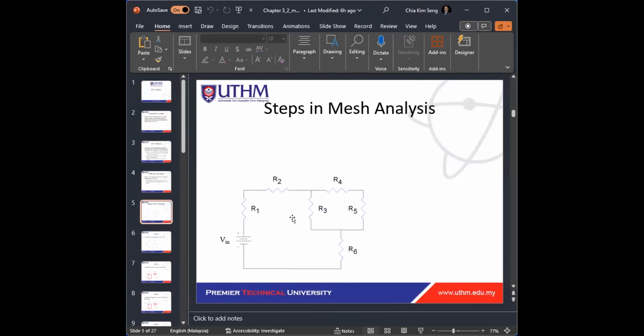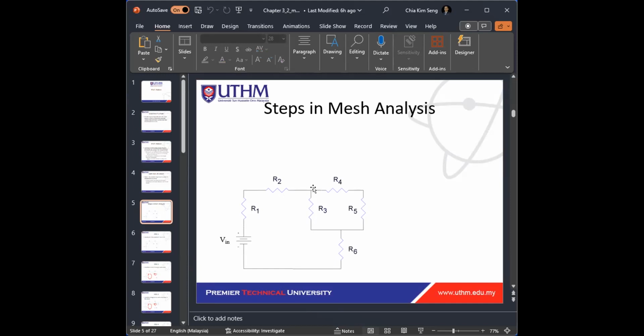Anyway, let us see how we're going to do it. This is a question that is similar to what we did in the node analysis, exactly the same thing. In the node analysis we have 1, 2, 3, 4, 5 nodes. So this means we have 5 unknown voltages, and we need to come up with 5 equations in order to solve that.